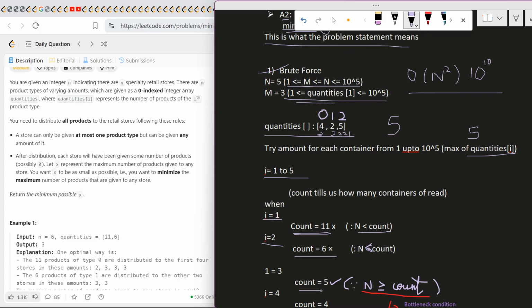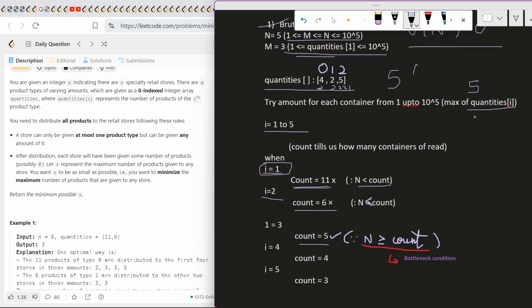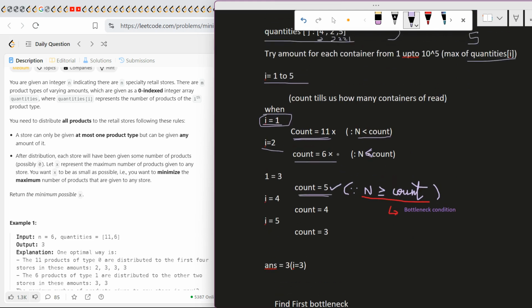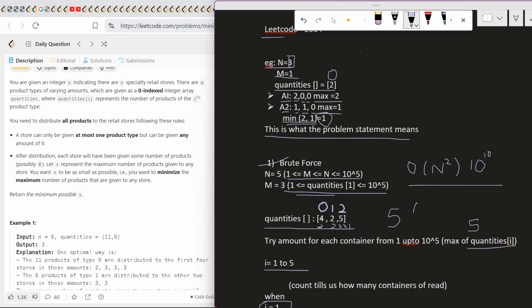Basically, we are calculating the ceiling value for every quantities[i], dividing it by the amount we can store, which is i. For i equals 3, we would get count 5: 3, 1 remaining, so another one.